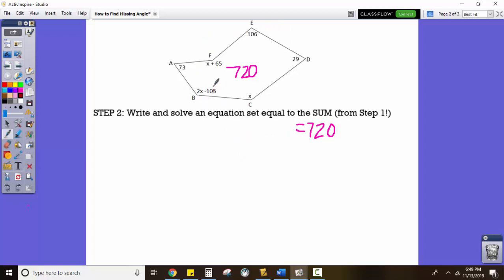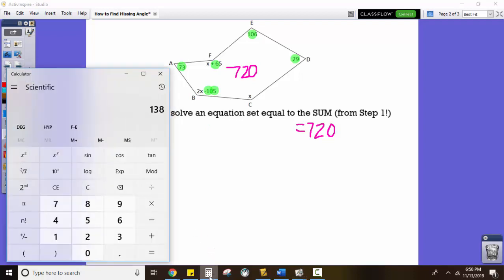First I start looking at the constant terms without the variable. I'm going to go through and highlight those. I've got 73 plus 65 plus 106, because it's positive 106, plus 29 minus 105. That minus 105 is super important. I'm going to combine all of those and figure out what it equals.